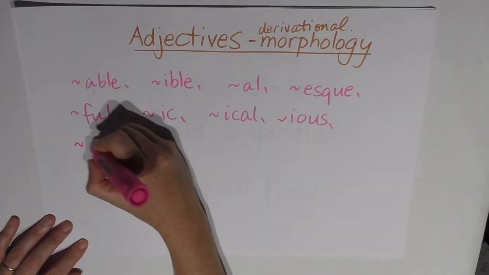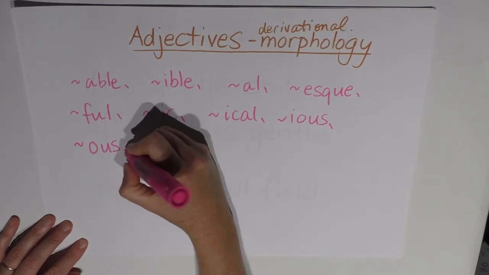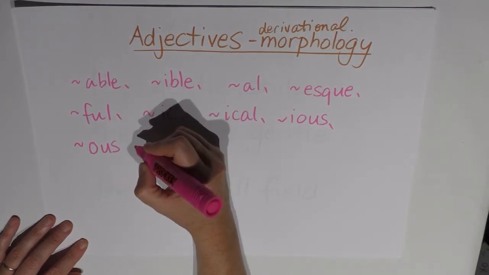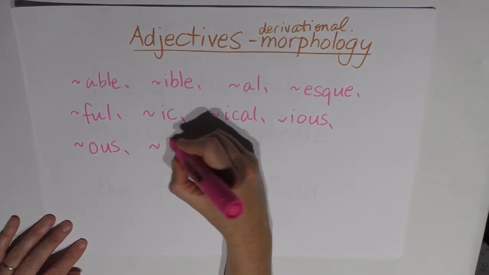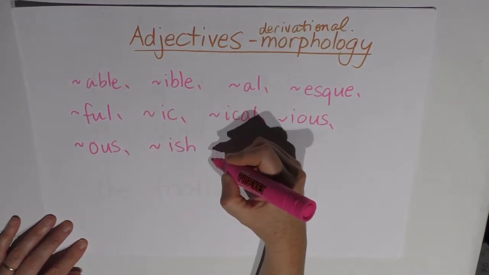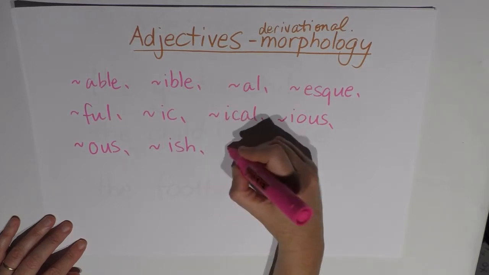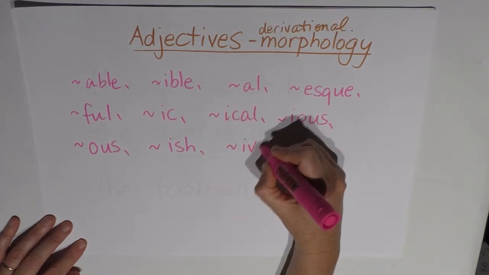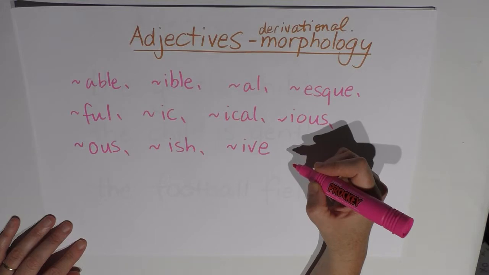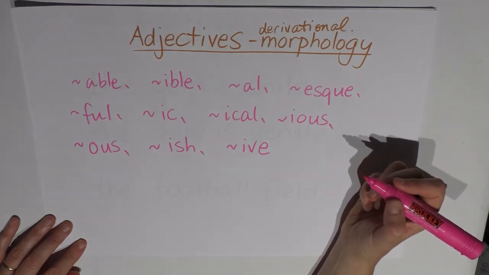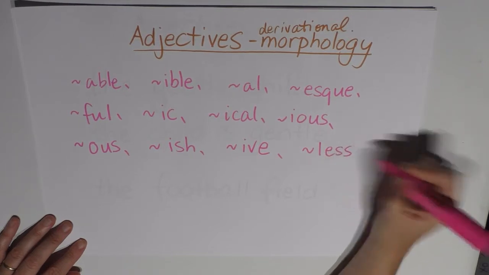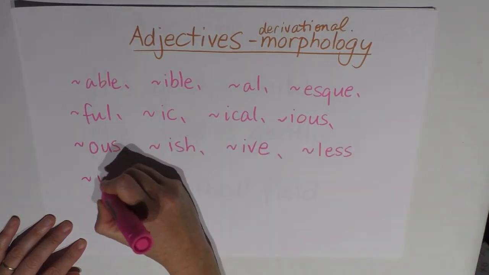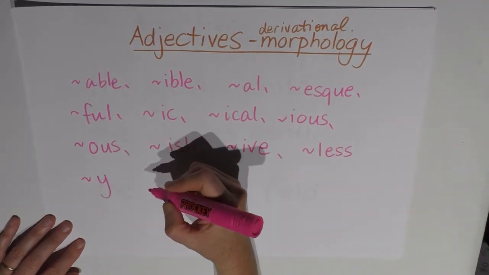Ous, with the O-U-S, no I, such as studious, well that's I-O-U-S as well. We have ish, like squeamish. Ive, like inventive. And less, like effortless. And y, like hasty. There's quite a few.